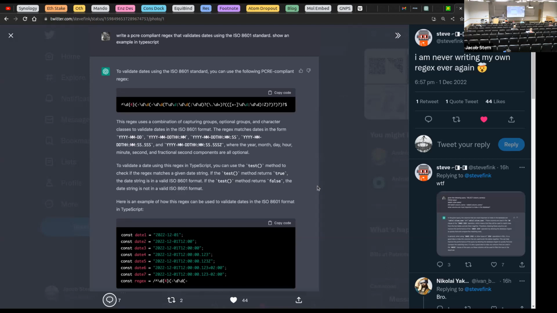And so GPT responds with a regular expression that will parse dates in that format, and goes on to give an explanation and an implementation in TypeScript, and it works.